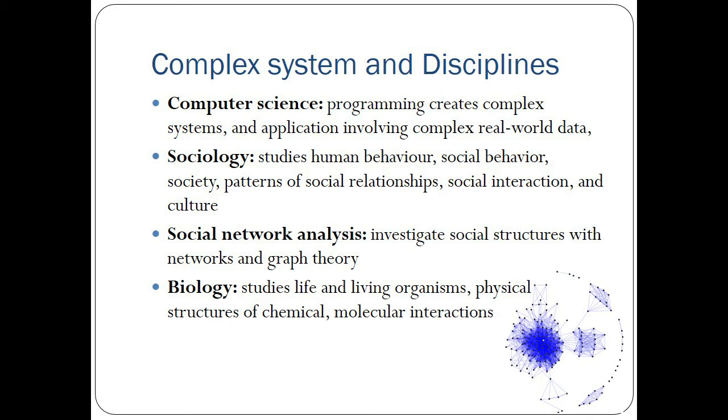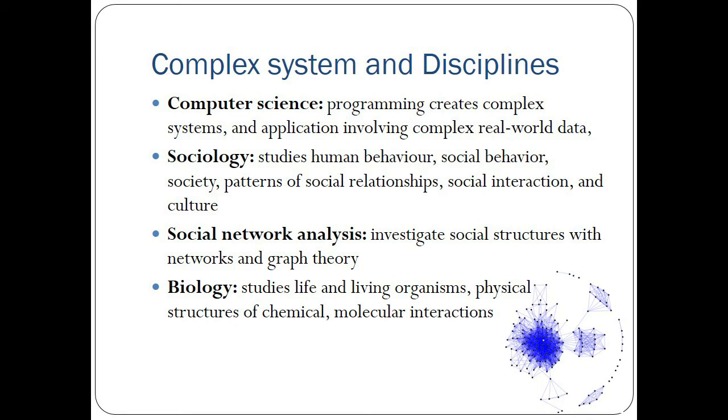That means you can investigate social structure with networks and graph theory for the internet based social media components. And then next, biological systems can also be represented as complex systems. It is the study of life and living organisms, the physical structure of chemicals, and molecular interactions could also be there.